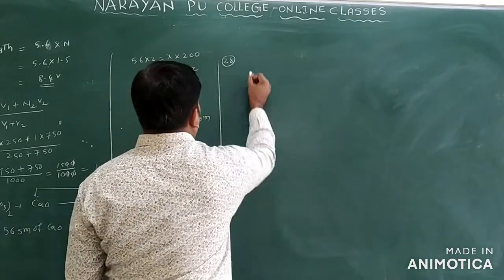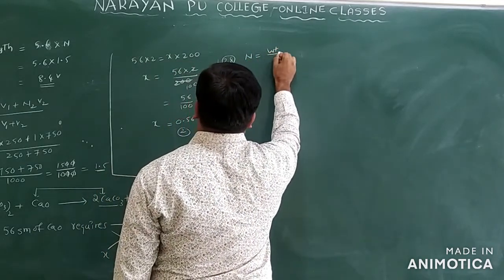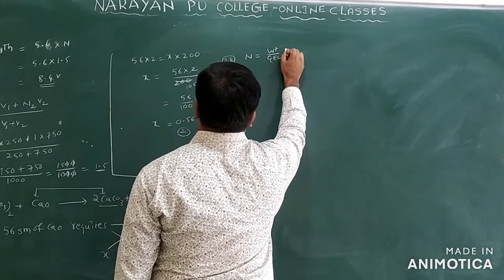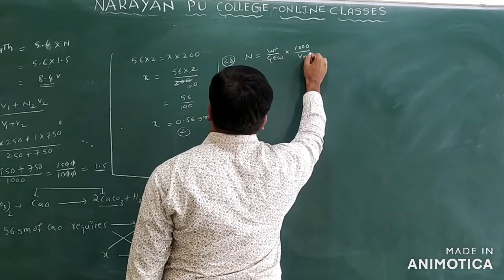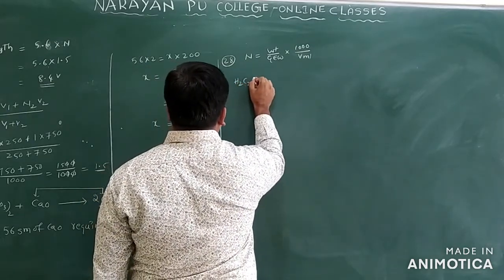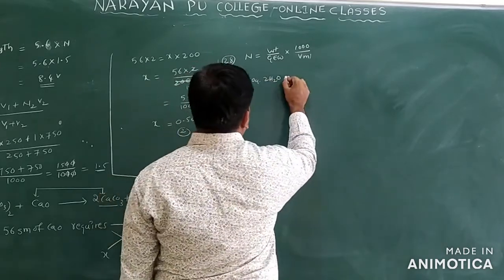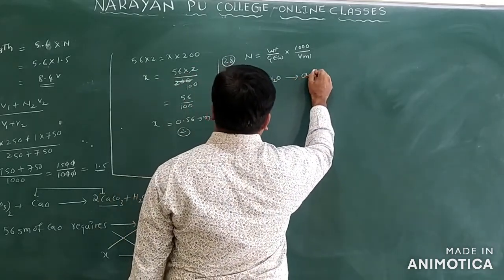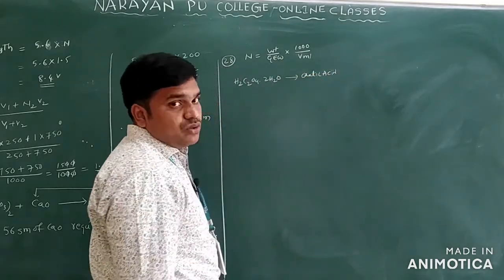You know the normality formula: normality N is equal to weight by gram equivalent weight into 1000 by V in ml. The compound given is H2C2O4·2H2O. What is this? This is an oxalic acid solution only.